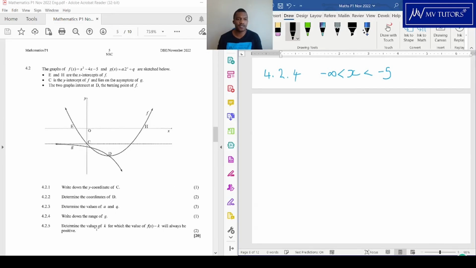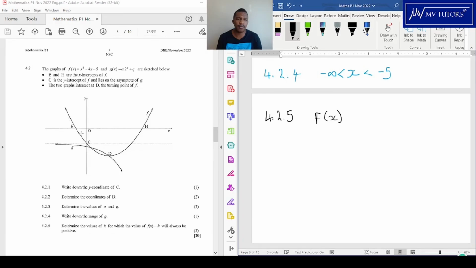It says determine the values of k for which the value of f of x minus k will always be positive. Now, I want us to think of this question conceptually. We know that this k is just a shift, and we have been given f of x, which is the whole function.